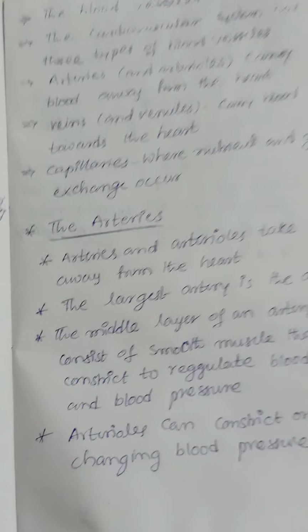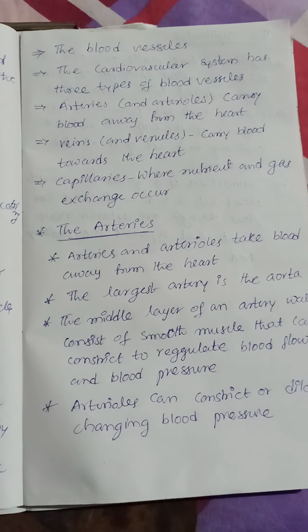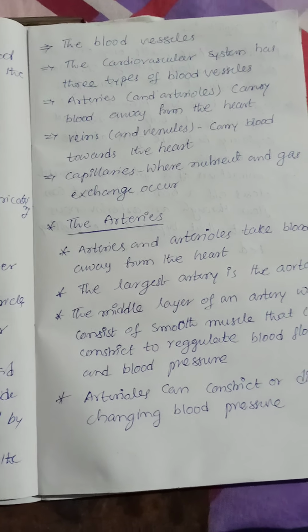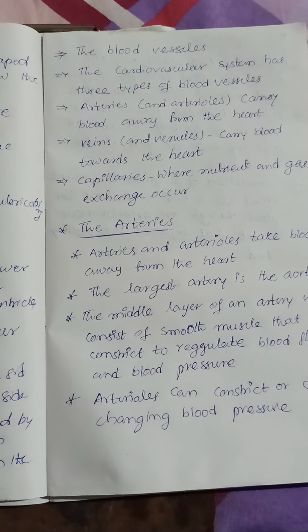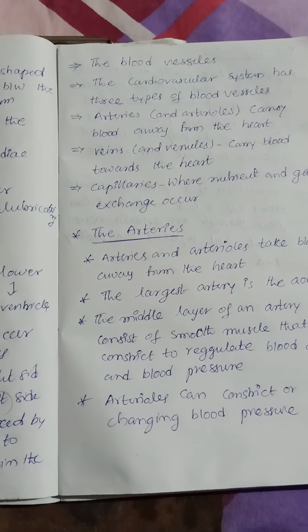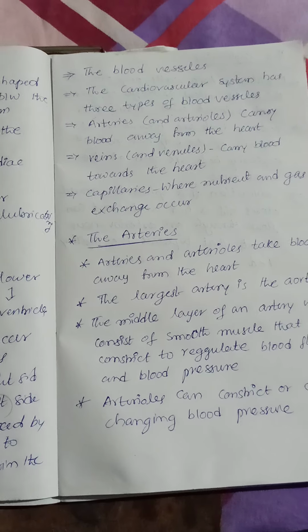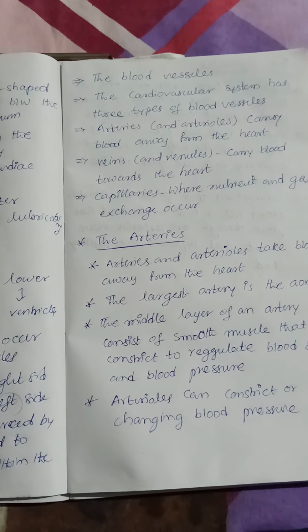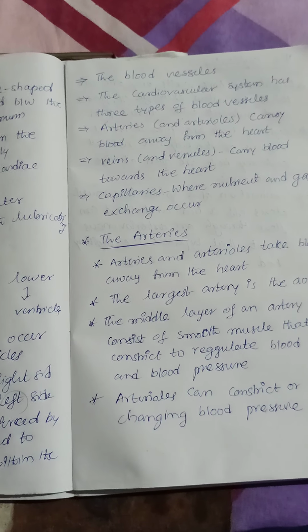Arteries and veins are known as blood vessels. The cardiovascular system has three types of blood vessels: arteries, veins and capillaries. Arteries carry blood away from the heart, meaning the purified blood is circulated through the whole body through arteries only.